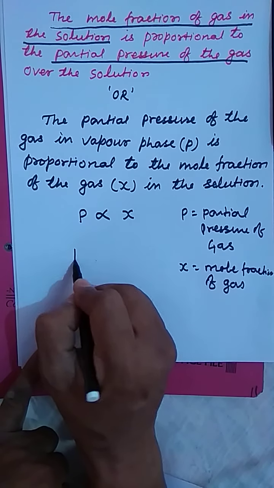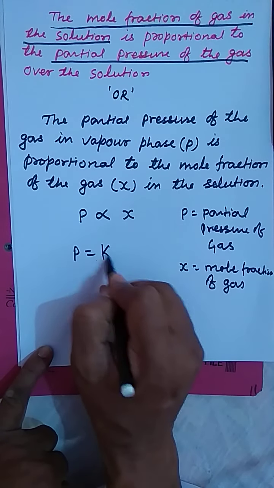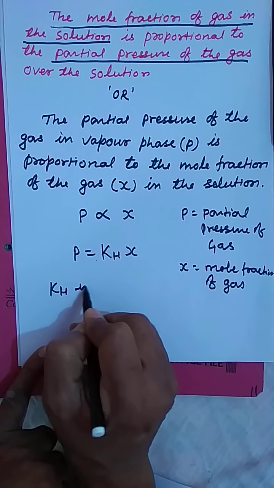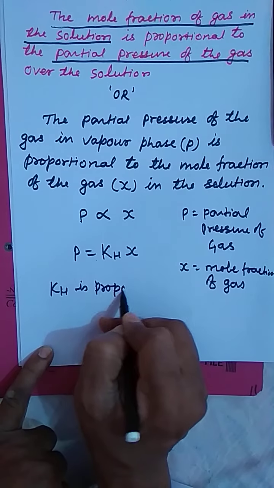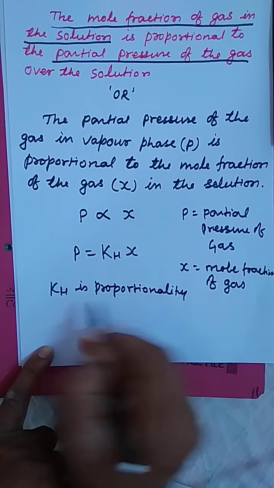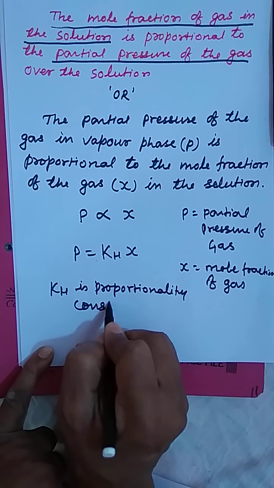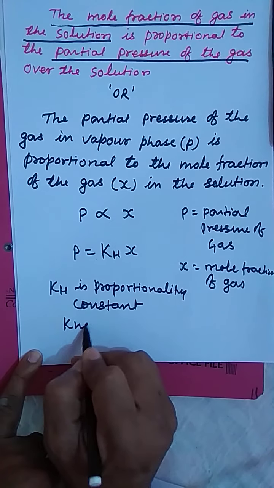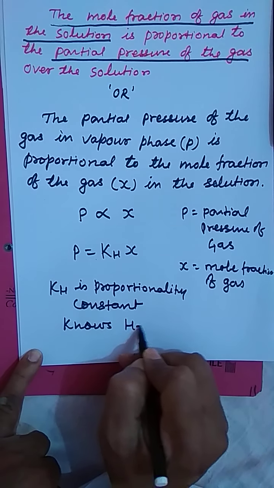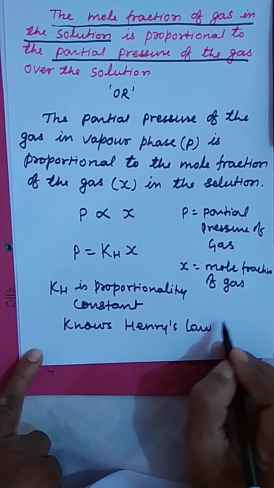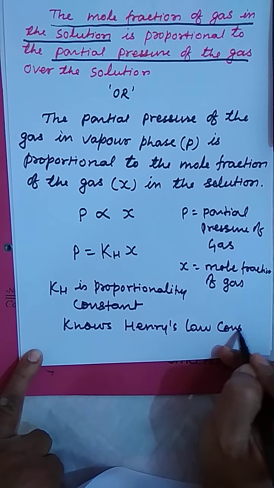Or you can write P = KH X, where KH is the proportionality constant known as the Henry's law constant.